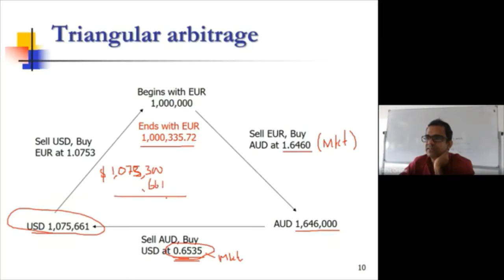Then the difference is $361. If you divide this 361 by this rate, you will get 335.72 euros. Same. So either way you can make it, depending on which currency you want to book the profit in.